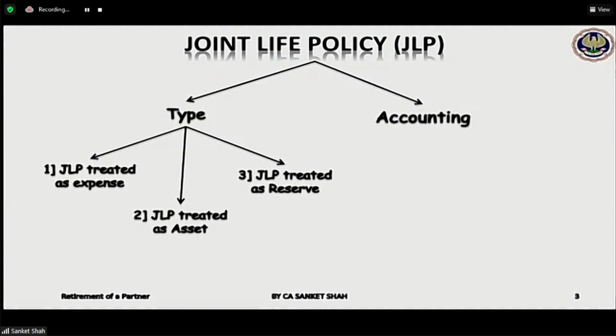Joint life policy. Last concept: joint life policy, JLP. Okay.